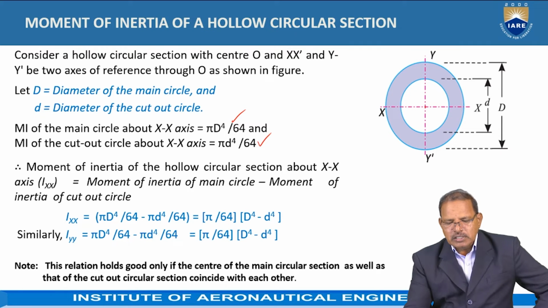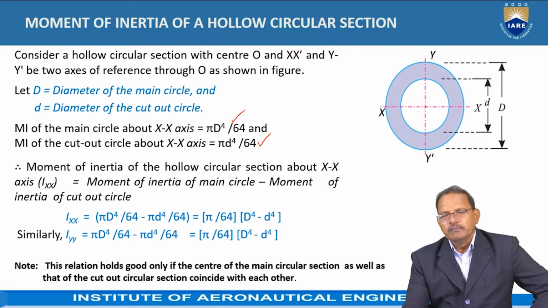These two are representing the moment of inertia possessed by that main circle as well as the cutout circle about the x-axis, and also the same values about the y-axis now.